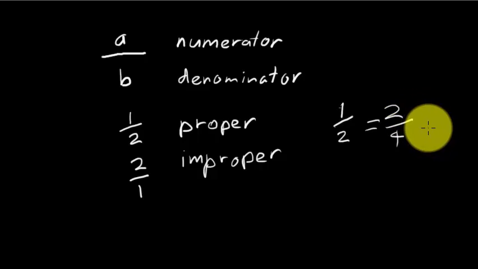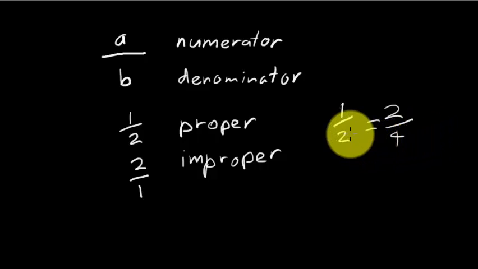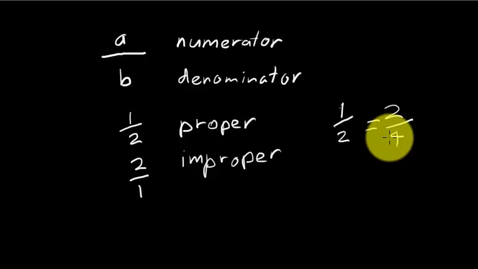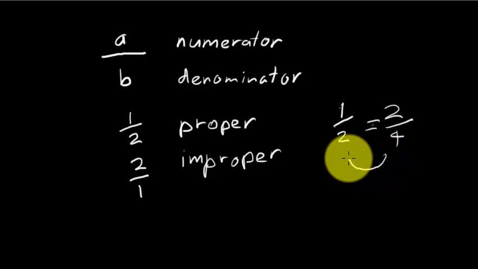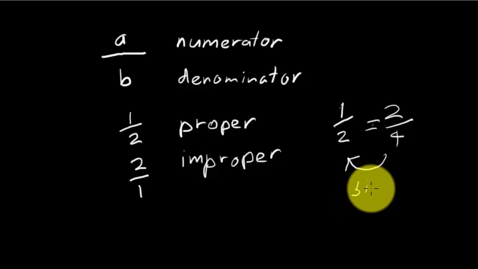Generally, we want to reduce or simplify fractions so that the denominator is as small as it can be, but the fraction is still the same or equivalent. So equivalent stands for equal. So generally, if we've got a fraction like 2 over 4, we will try to simplify 2 over 4 to 1 over 2.